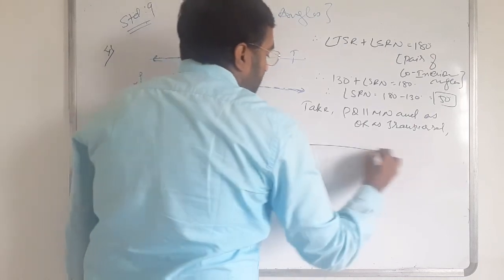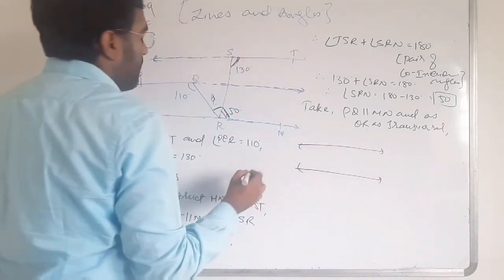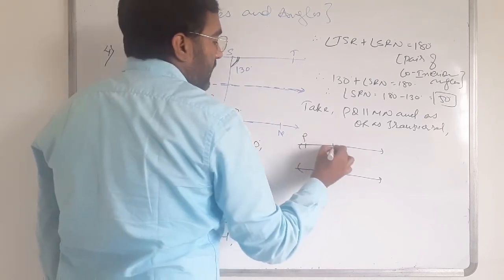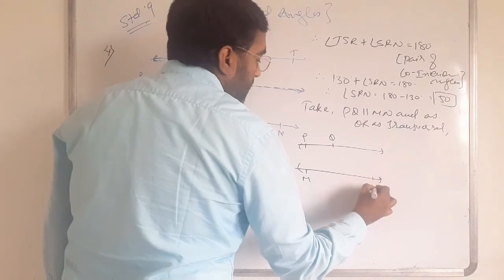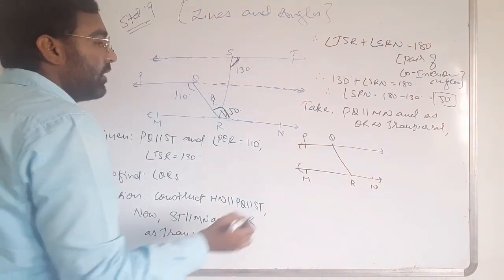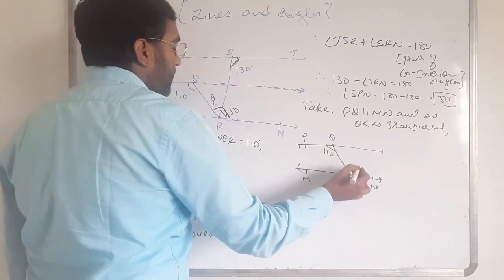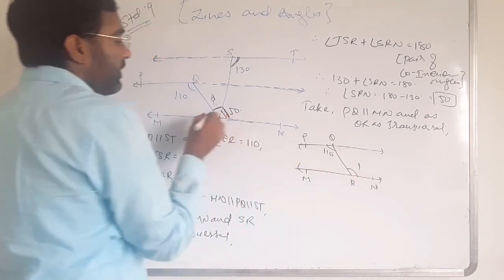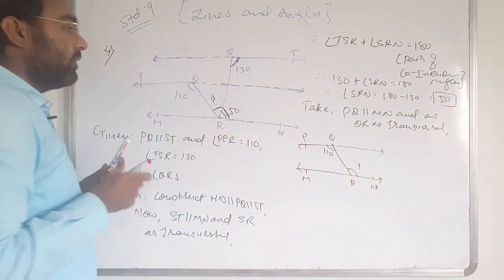The figure formed is like this: here is P and here is Q, and MN and QR. Here the angle 110 is given. So one of the angles we have to find is QRN, the whole angle.